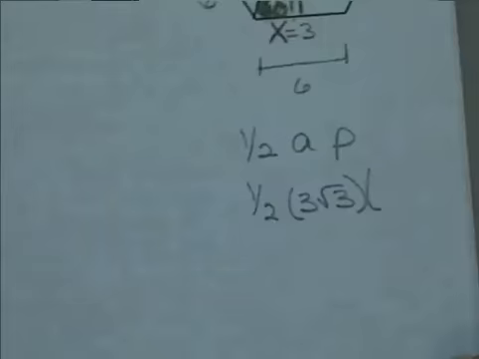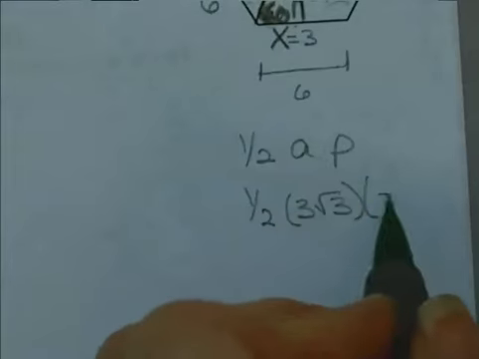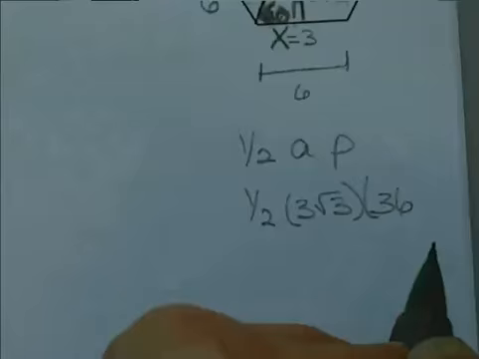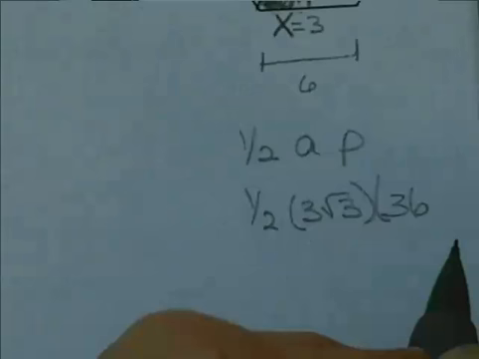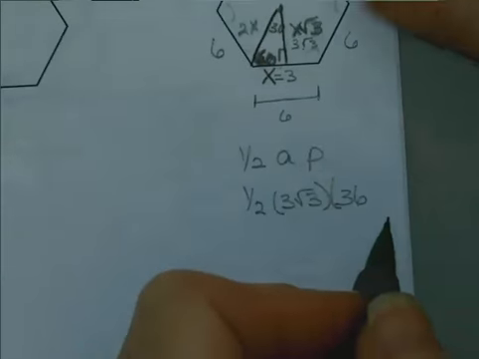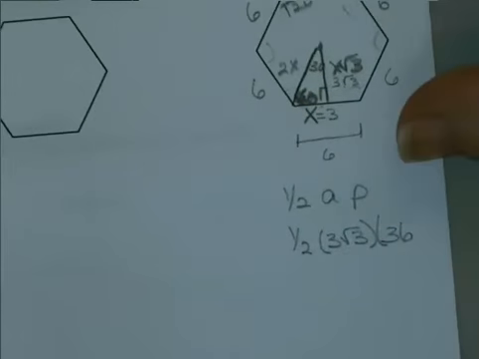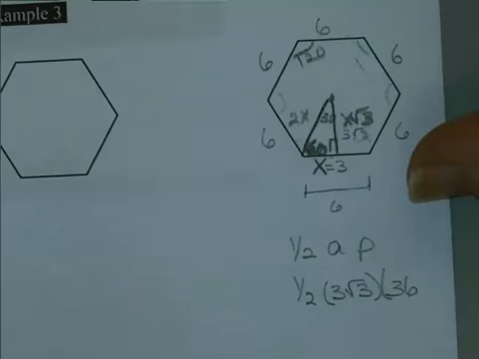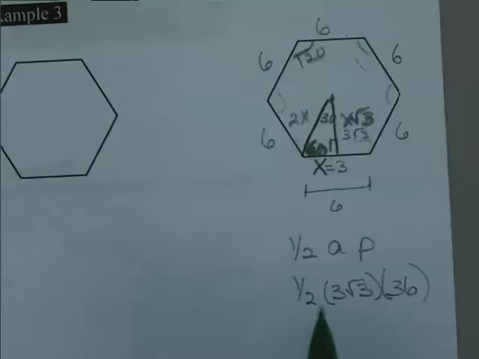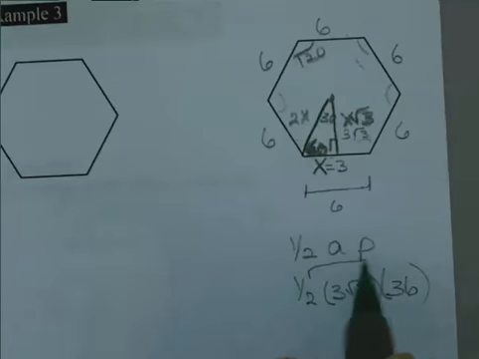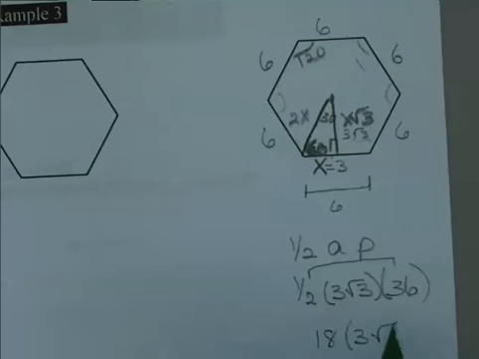So your perimeter is 36. Let's make this so you can see it. Instead of taking half of 3, because that's kind of ugly, let's take half of 36. Half of 36 is 18, so we have 18 times 3 square root of 3.